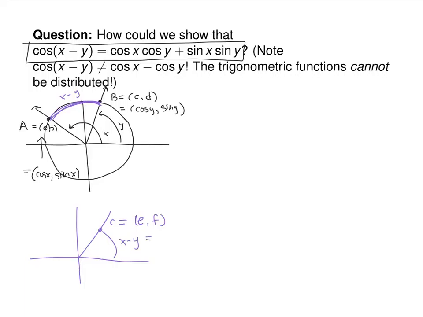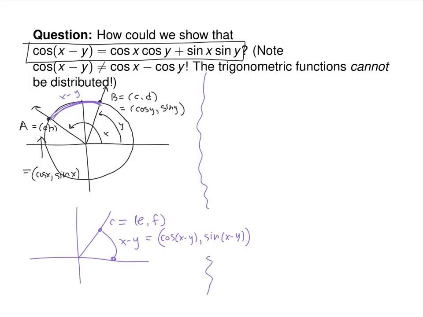And that will equal cosine of x minus y, sine of x minus y. The reason the book uses the letters A, B, C, D, E, F is because they're a lot easier to work with than the cosines and the sines, so we'll simplify with those letters and go from there.